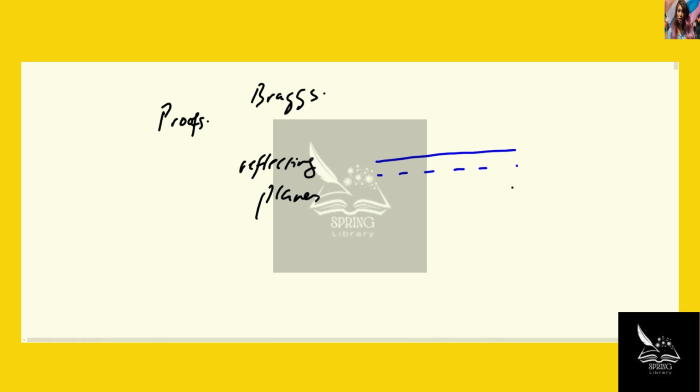These are horizontal reflecting planes, as you can see. Multiple reflecting planes. It so happens that there's an incident angle coming in. So this is light. This is a light wave like that.